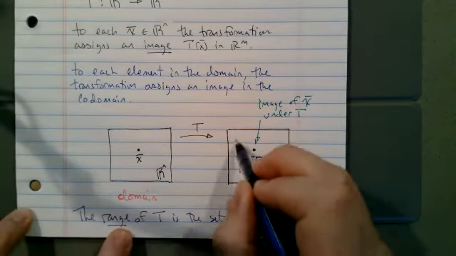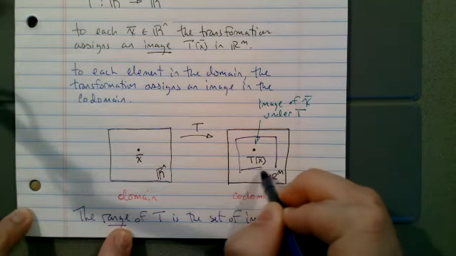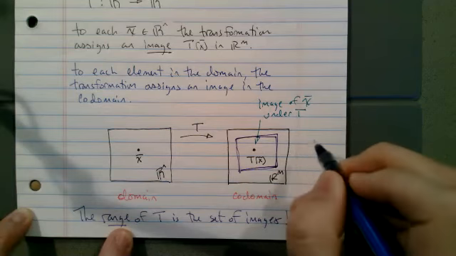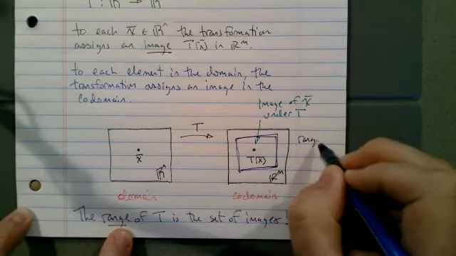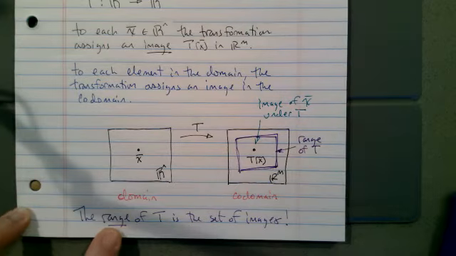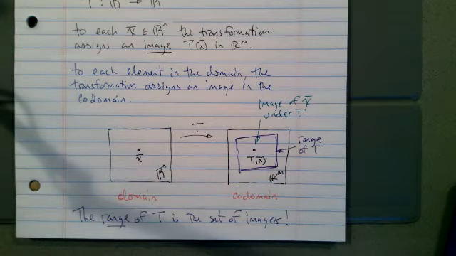There'll be some subspace of Rm that could be the range of T. It could be that the range of T is all of Rm, or it could be some smaller part of Rm.